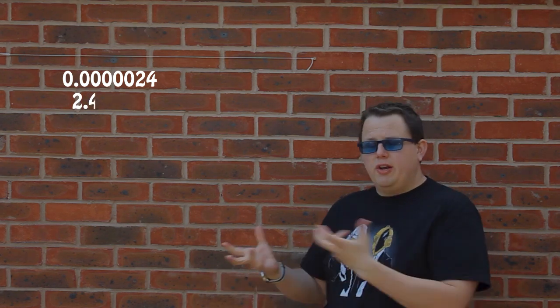What about tiny numbers then? Well, these are a bit trickier, but if we follow a similar pattern, we can write these down. So let's start off with this number here. First, we write down our first significant figure, which is 2. Then a decimal point. Then we write down any other figures that we've got that are not zeros.